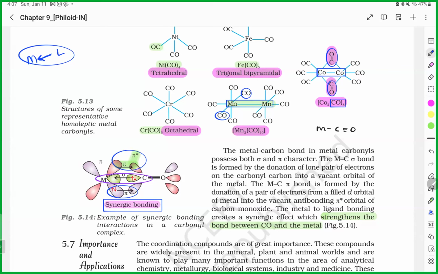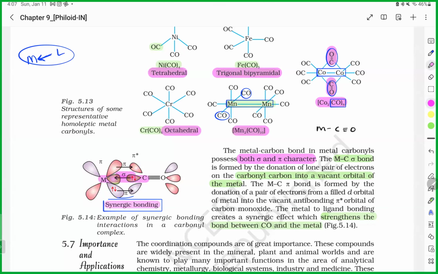Understood? So in this case, you have both sigma as well as pi character. Sigma bond is formed when carbonyl carbon is donating electrons into the metal. As you can see here, this sigma bond is formed when carbon is donating its electrons to the metal, right?